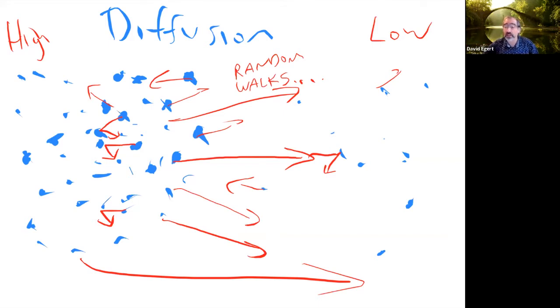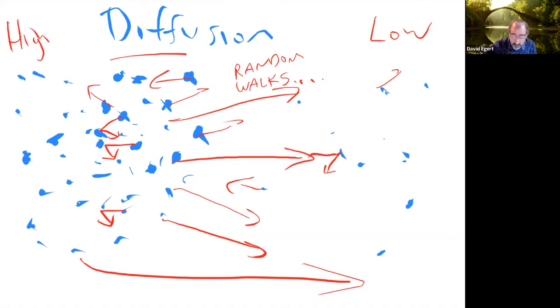They're not thinking, oh, there's a high concentration of us in the corner and a lot of free space on the other side of the room, let's have a net movement from high to low concentration. They're just going to run and bounce off the walls or bounce off each other. And it's just going to happen that they're going to start flowing from high to low concentration, little hyperactive kindergartners.